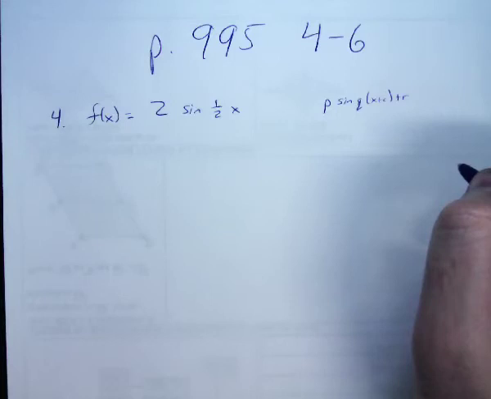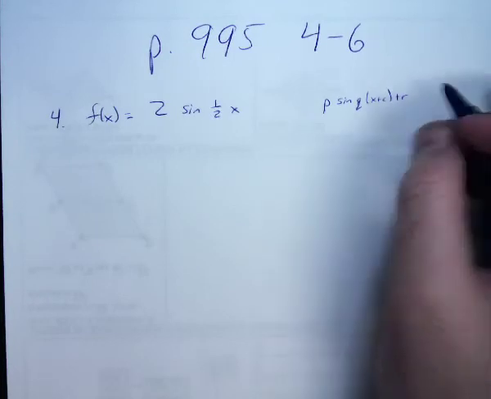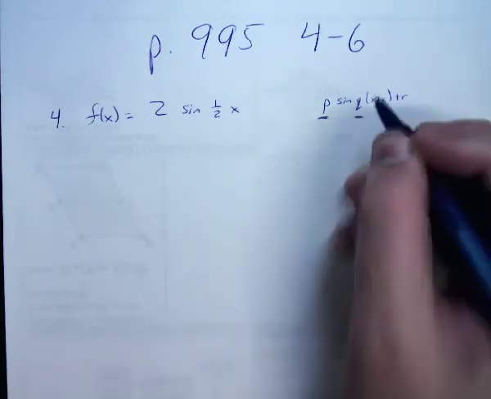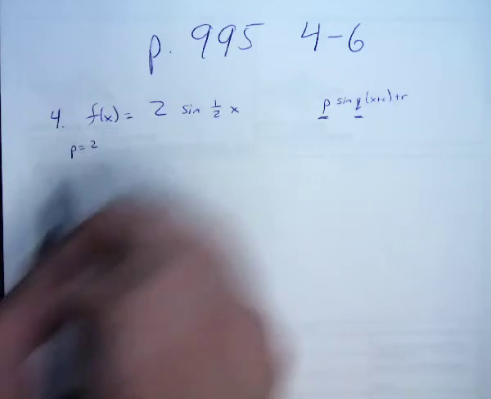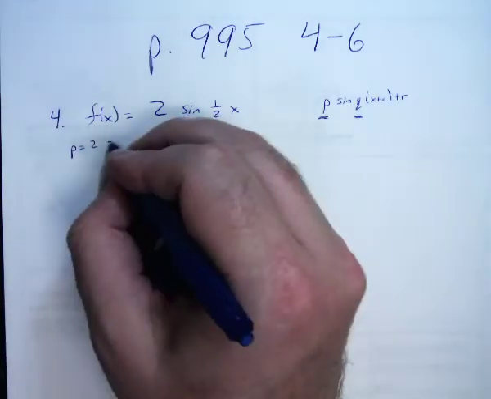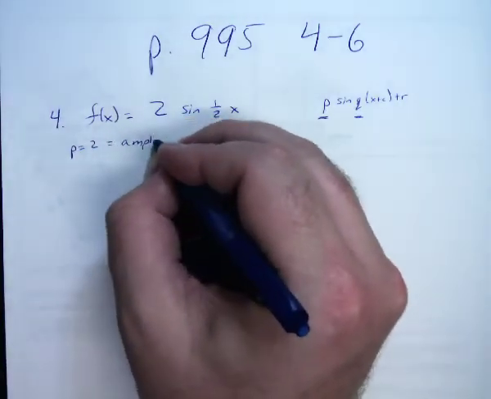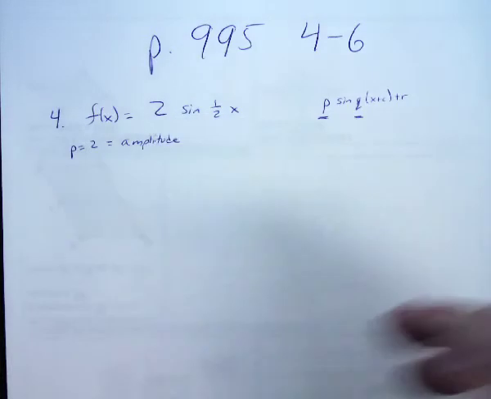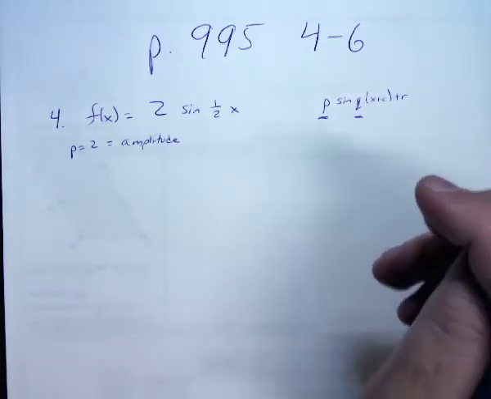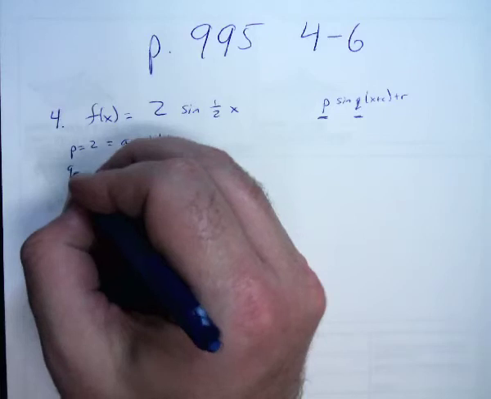So here they don't use c or r, but I see a p and I see a q. So p equals 2, which means that equals amplitude. Okay, so that's how high the graph is going to go. And then q equals 1/2.